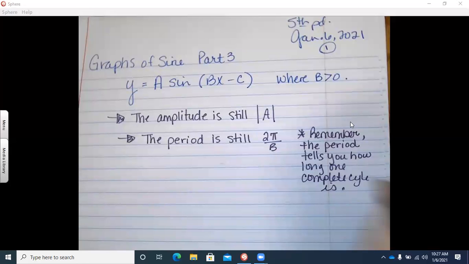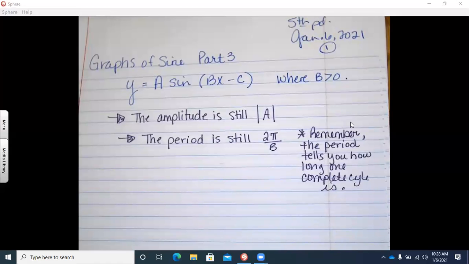But if b is some number other than 1, that's going to change the length of the period, like it did yesterday. All right, so when you have a number in for c, that's going to change the location where one cycle occurs. So you know they've been starting at 0, 0, right? When we graph sine, it starts at 0, 0. So if we have a number in there for c, it's not going to start at 0, 0 anymore, okay? It's going to move somewhere.